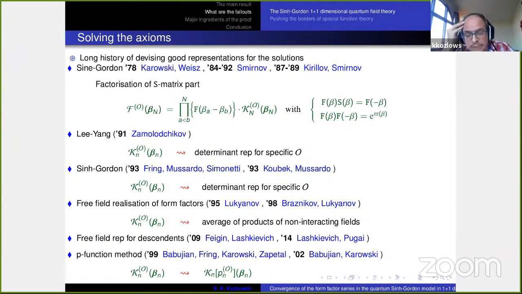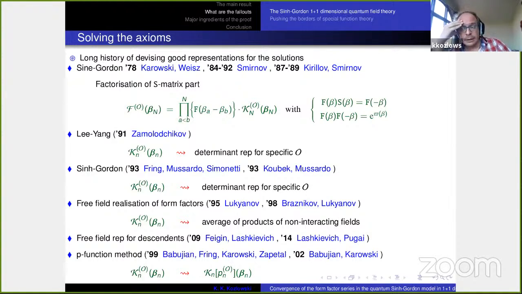Then Feigin, Lashkevich and Pugai produced a sort of extension of the free field construction, where they managed to construct not only primary operators but also descendant operators and characterize them in a certain way.